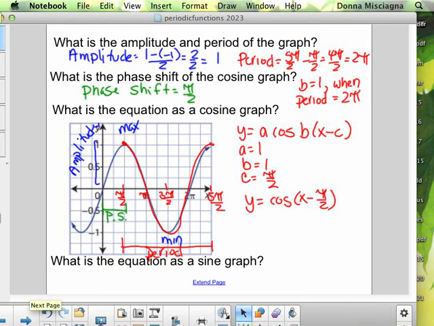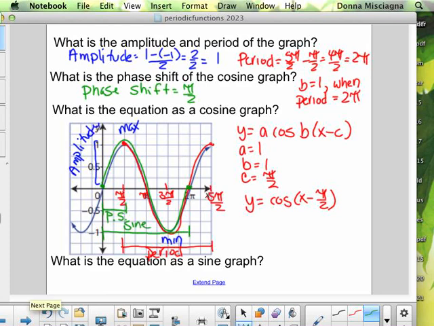What's this equation in terms of sine? I'll outline it in green. So the amplitude stays the same. The period stays the same. Actually, it's easy to see. There's the end of the period, right? So here's one period of sine. It's easy to see that that is 2 pi, right?